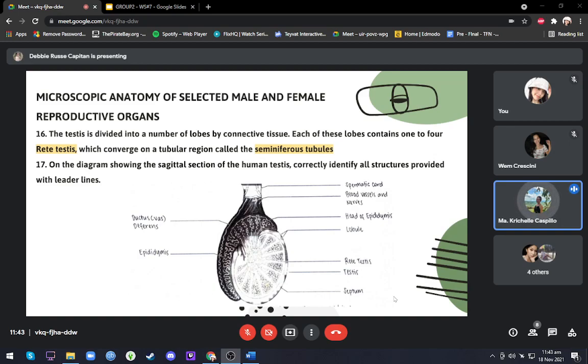We have here the ductus deferens, the epididymis, the spermatic cord, blood vessels and nerves, head of epididymis, lobule, rete testis, septum.